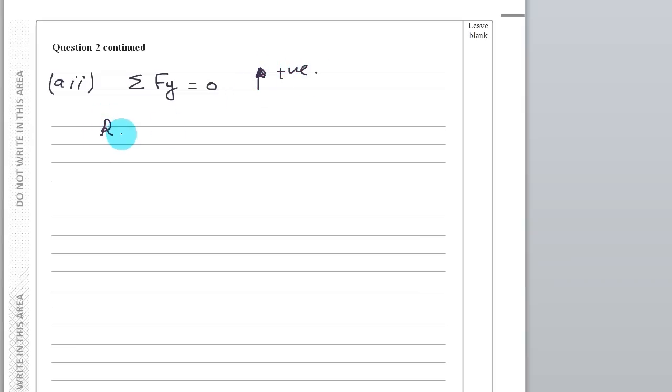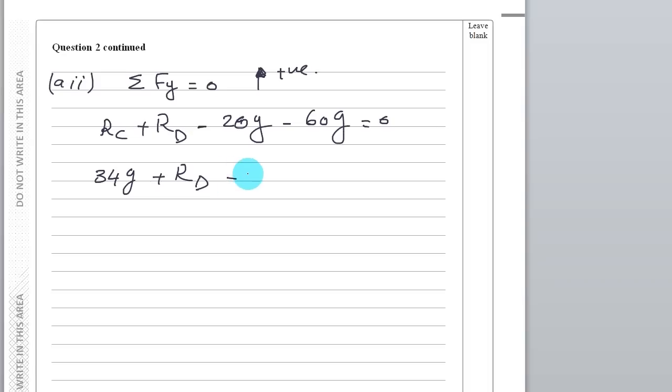So I have RC plus RD minus 20g minus 60g is equal to 0. So now 34g plus RD minus 80g is equal to 0. So RD is equal to 80 minus 34g.